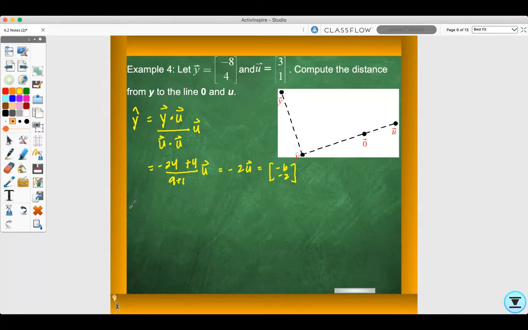So to compute the distance, since it's the distance from y hat to y, you would subtract those, and we would get negative 6, negative 2, minus negative 8, 4.